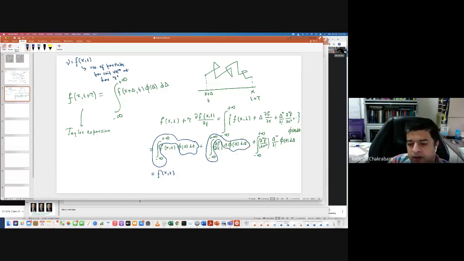Why is it 0? Because you're calculating something like the average of delta, but your phi of delta is an even function. So this even times odd function, the whole is an odd function integrated in the symmetric interval. It has to be 0. The first moment is 0, because there is equal probability to go to the right and equal probability of going to the left. So on an average delta has to be 0. What about this quantity?